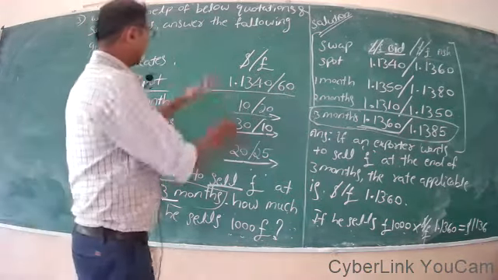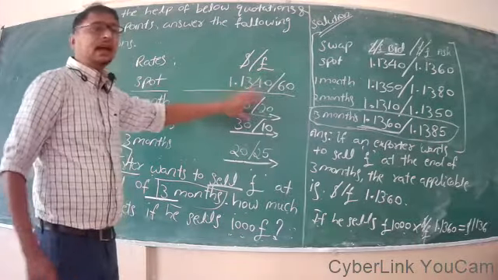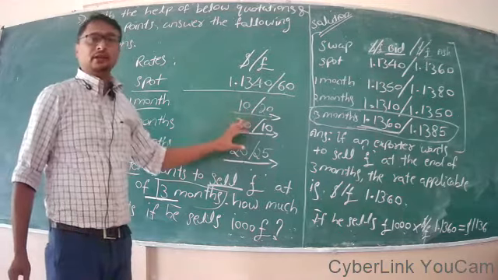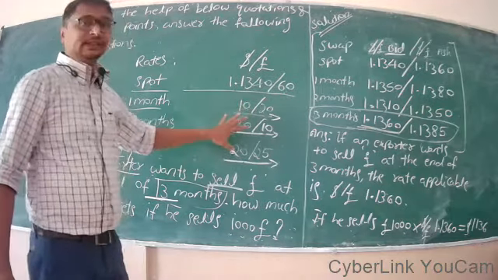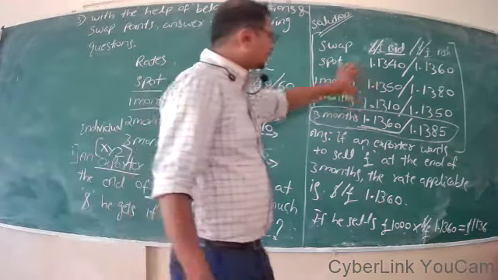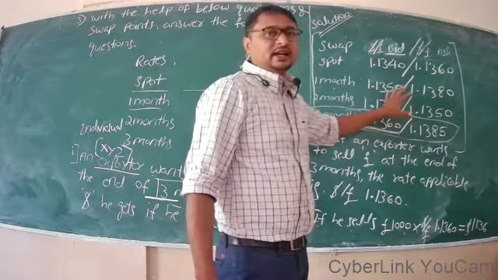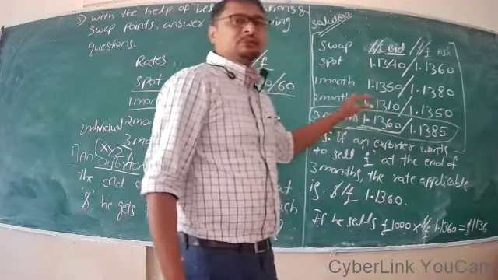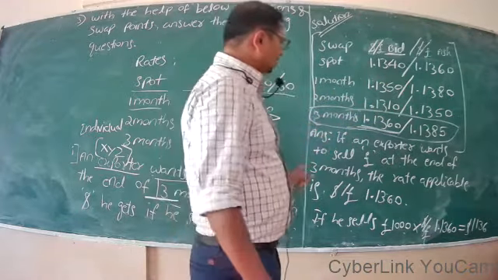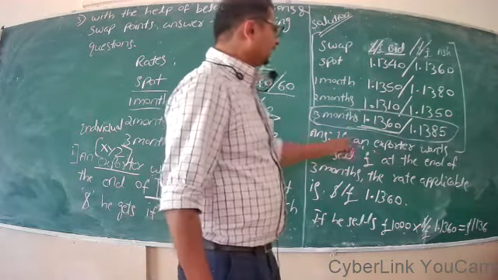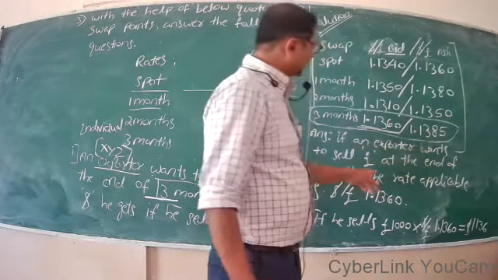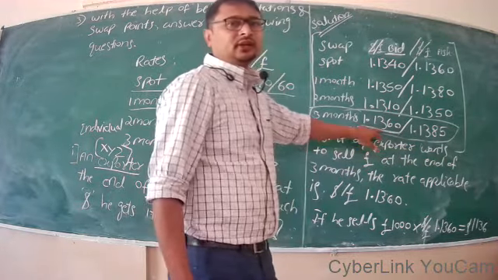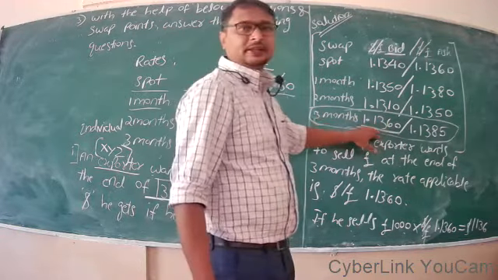They have given only the spot rate and the swap points. With the help of these swap points, we have calculated these outright rates, right? So by calculating these outright rates, we conclude question number 1: if an exporter wants to sell sterling pound at the end of 3 months, the banker or marketer will buy at this rate, right?